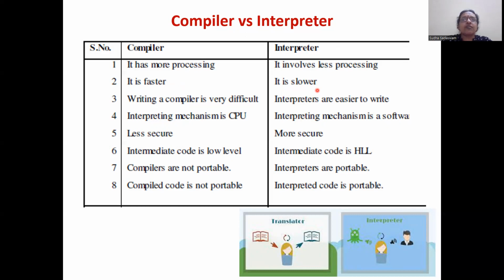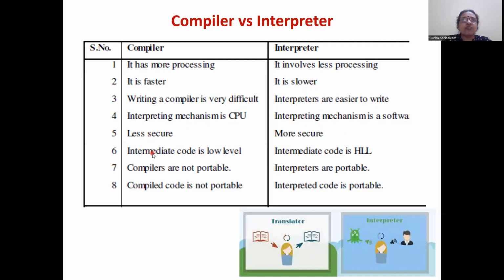So line by line only, it compiles the input to generate the required output. Writing a compiler is a very difficult process, whereas writing an interpreter is a bit easier. The interpreting mechanism for a compiler is the CPU or the hardware, whereas for an interpreter, it is software.